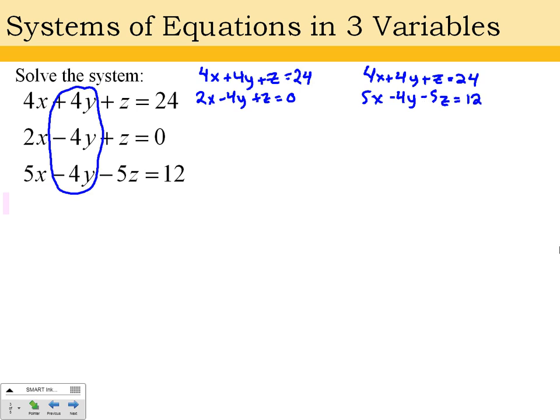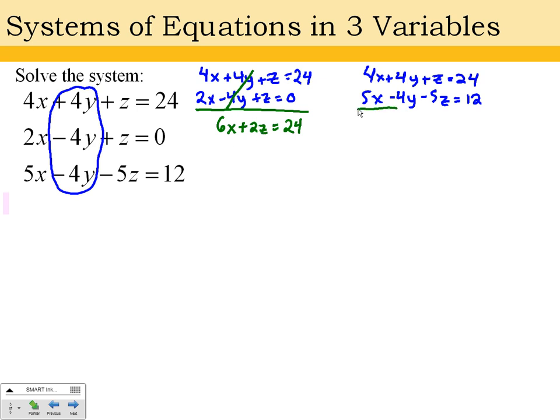Now I'm going to add these together, because that's what we do when we eliminate, we add the equations together. My goal was to eliminate my y's. 4y minus 4y, that's 0. 4x plus 2x gives me 6x. Z plus z gives me 2z. And then 24 plus 0 gives me 24. So now I have one equation that does not have y, it just has x and z.